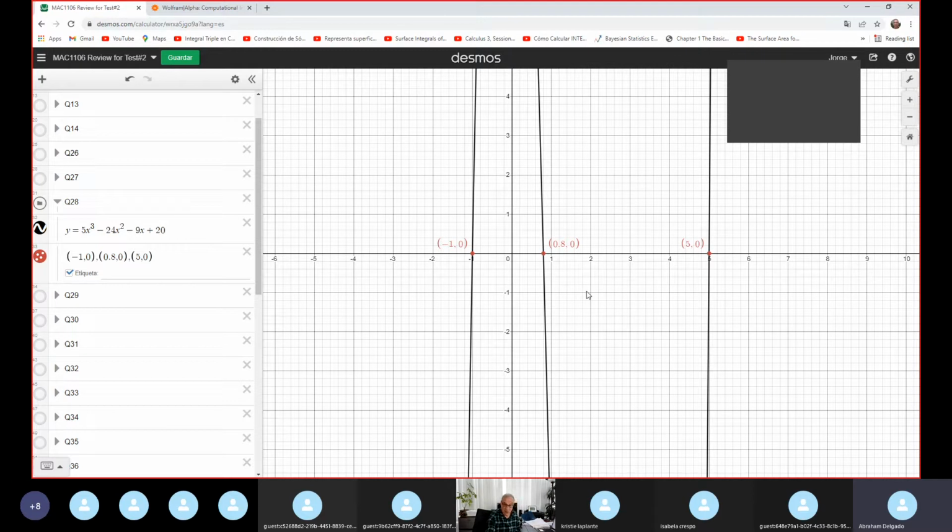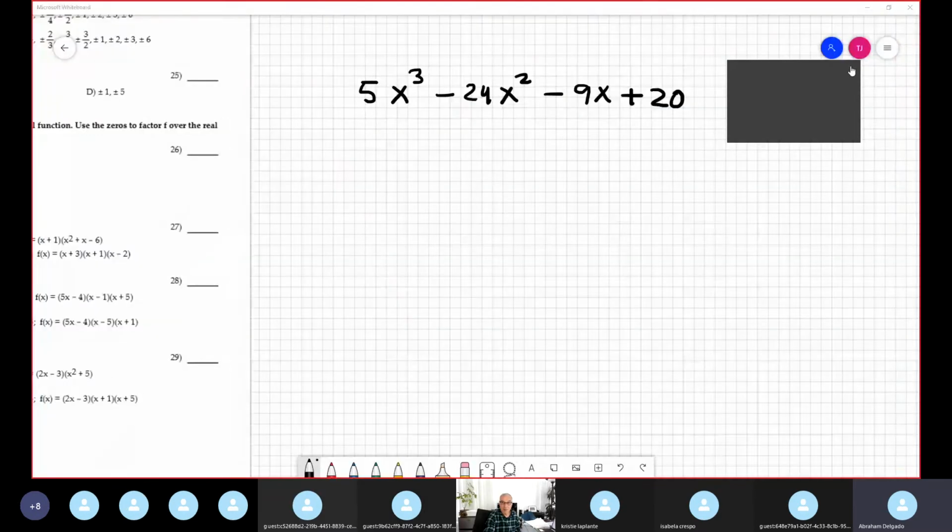I copy my piece of paper: x equal 5 and x equal negative 1 are the ones I am using to do the synthetic division. Let's come back to the whiteboard. Okay, there you go.